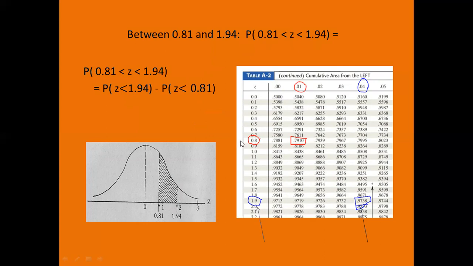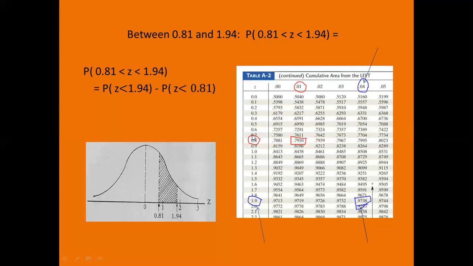Okay, so ito po yung hanapin po na yung 1.9 sa first column. And then this is the 0.04. So ang intersection niya would be this. Naka-highlight na siya kanina pa. 0.9738.